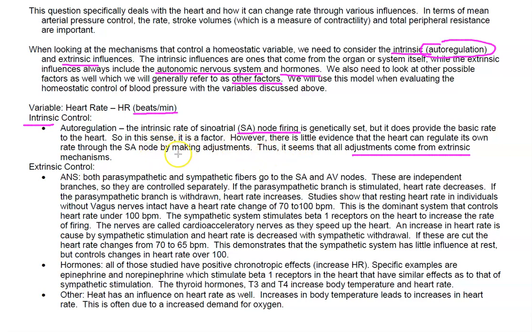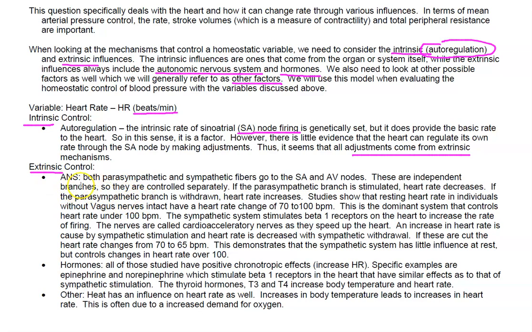So in a sense, it's a factor, and I believe the best way to do it is to consider that the SA node is the intrinsic factor by setting the basic rate, and the adjustments come from extrinsic mechanisms.